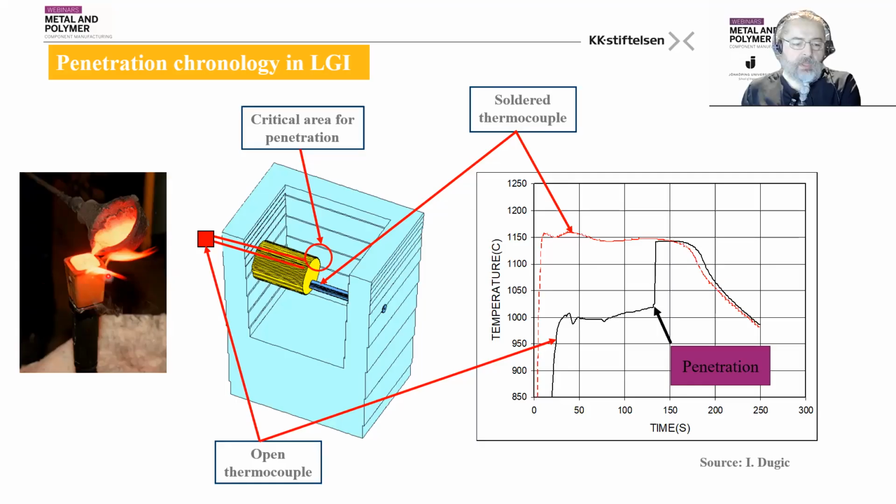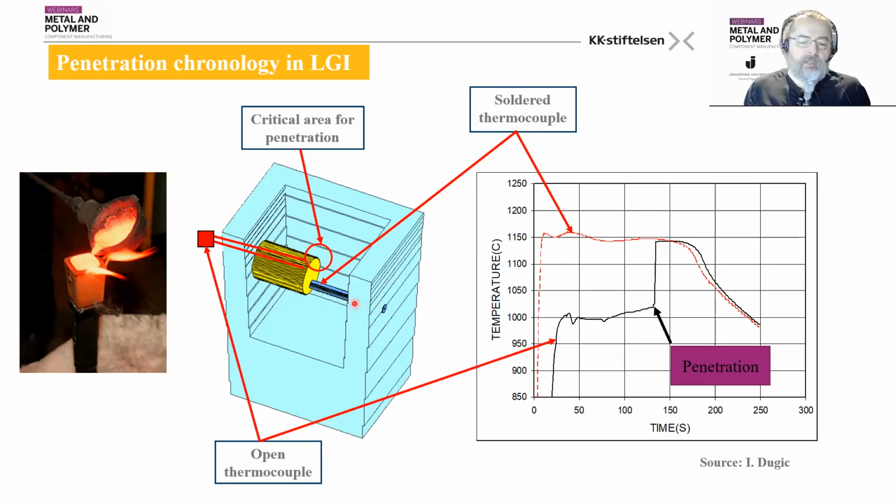Most of you know the quick cups used, and this is a quick cup which is modified, and a sand core is introduced to create a critical area for penetration.